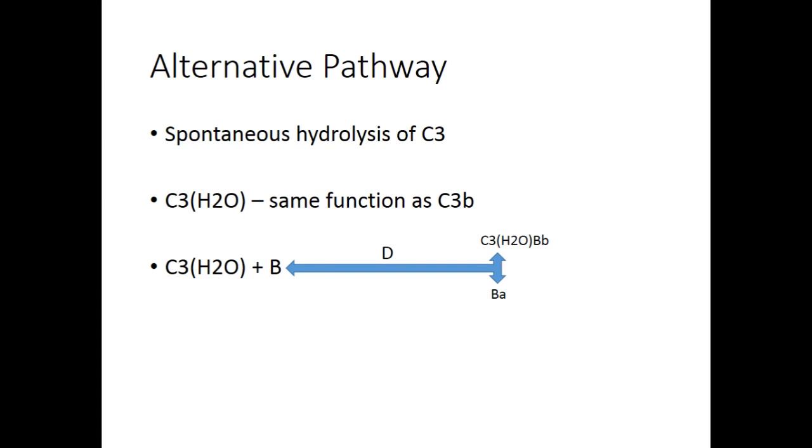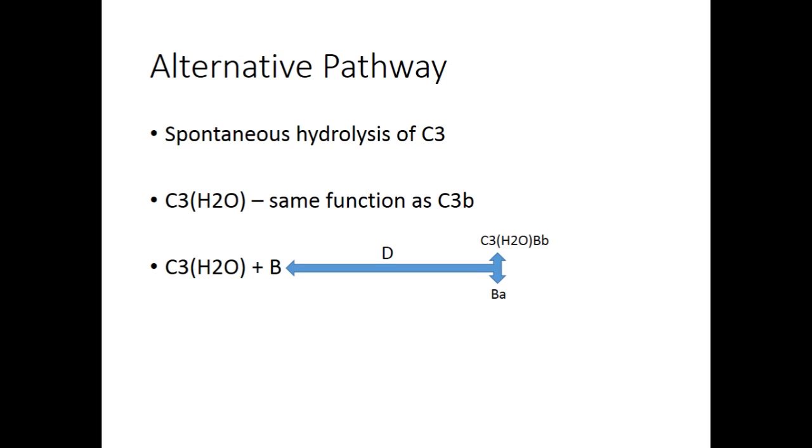It is an alternative pathway in that there will be spontaneous hydrolysis of C3 that is seen in the plasma. Now again, C3 is the most common complement protein in the body, and it is seen in the plasma and interstitial fluid. So spontaneously, a very small fraction of C3 will get hydrolyzed, and that is called C3H2O.